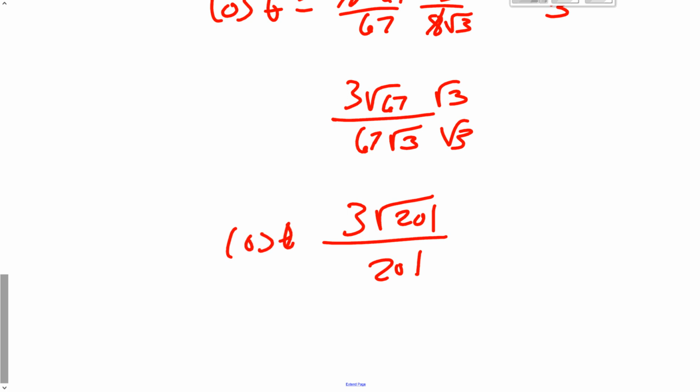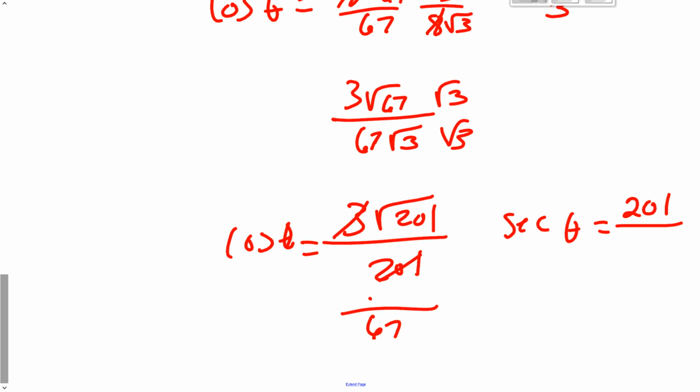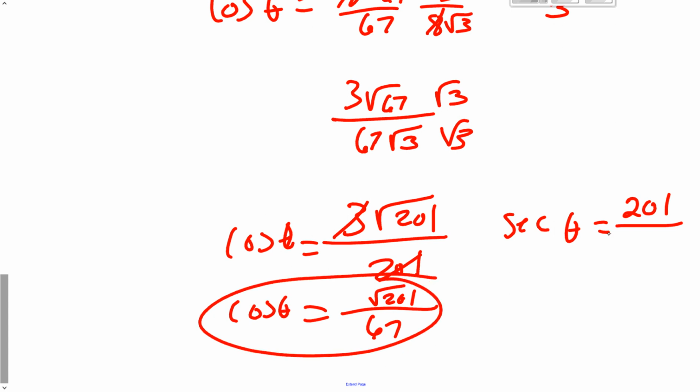We can go ahead and flip that for our last one, secant. And we can go back to 201 over this 3, I guess, right? And 201 will reduce to 67. Square root 201. So there's cosine of theta. And secant would be 67 over square root 201.